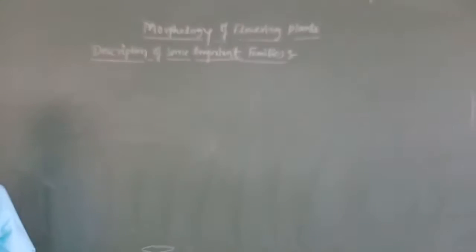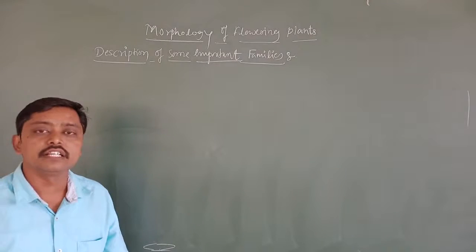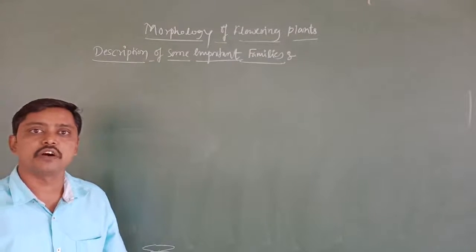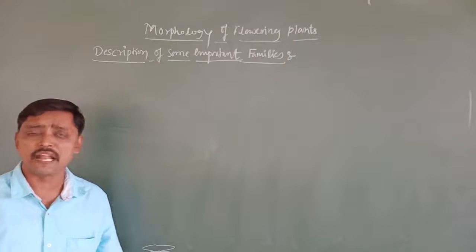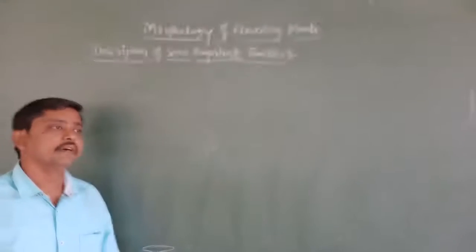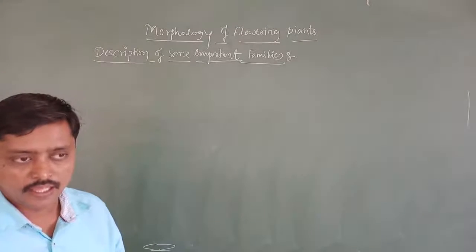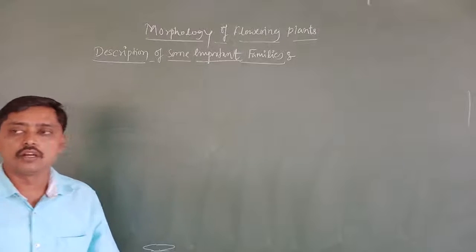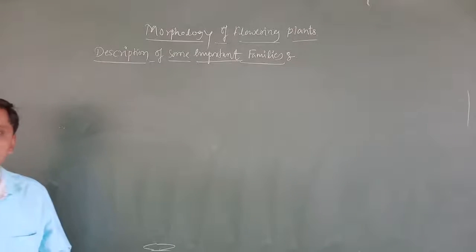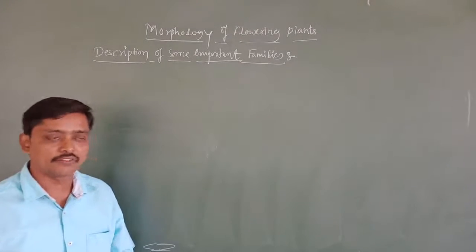Those symbols can be used for a brief description of a flowering plant, and I hope you all remember those symbols. For example, what are the symbols we studied in the previous class?